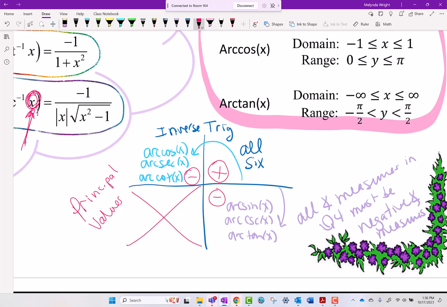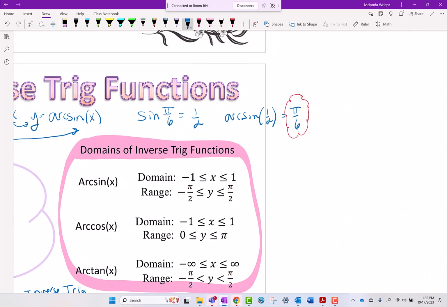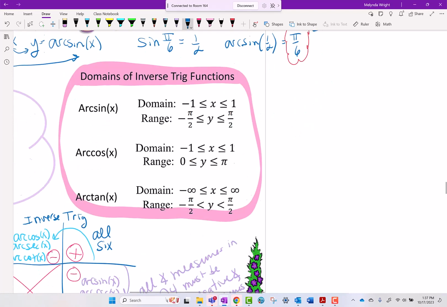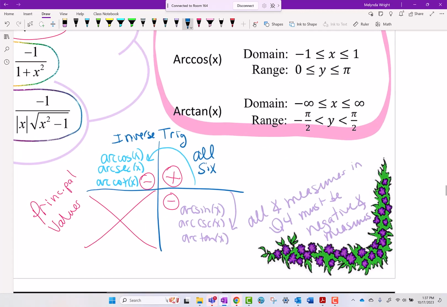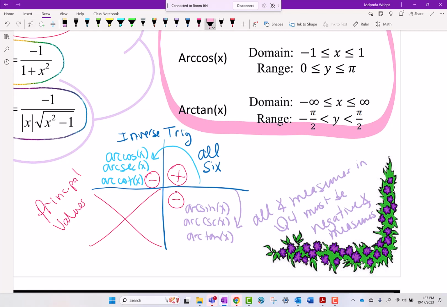What's the angle measure? Okay, so like up here. Actually, we're going to do some examples of what I'm talking about. I'm talking about this is the angle measure, that pi over 6. That's an angle measure, right? That's in radians. That's what I'm talking about. So, these x values right here refer to this negative.